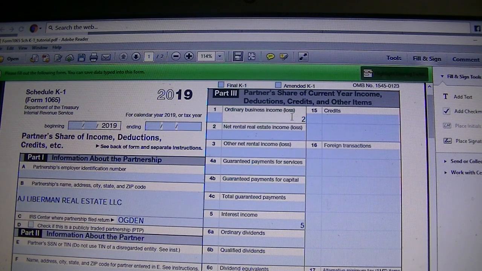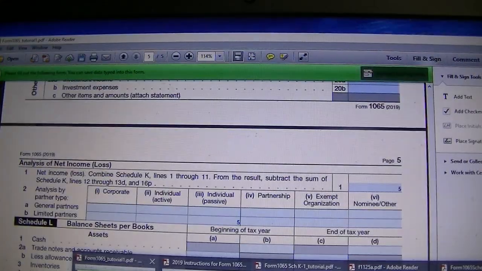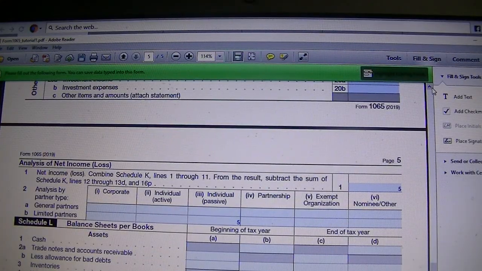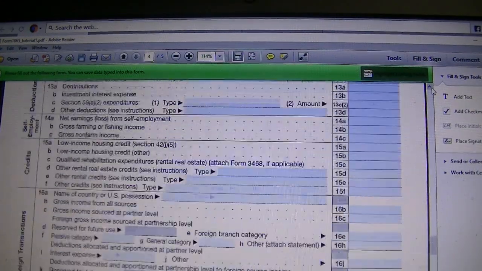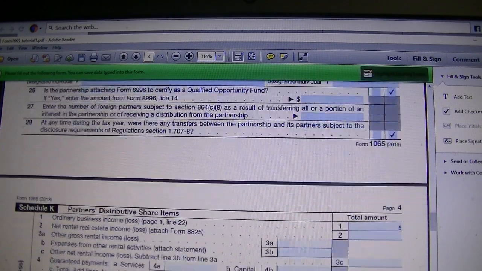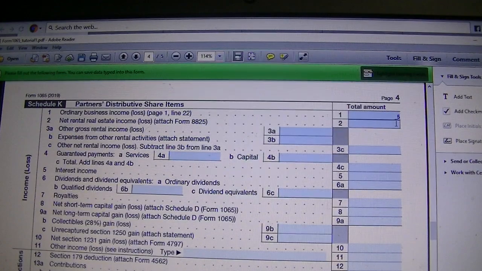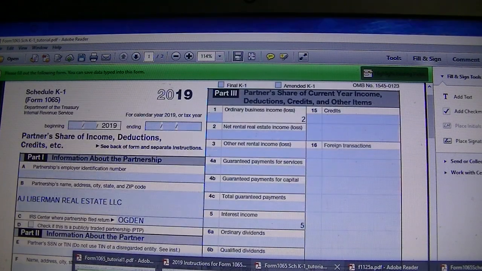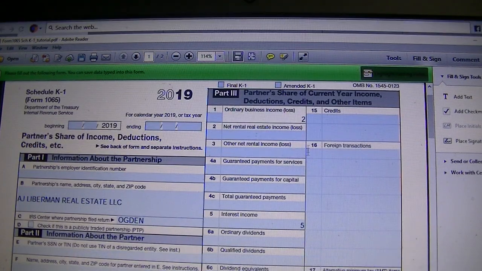And that'll come from that page 1, no, that line 22, or even better, that'll come from your schedule K. So if you look at the schedule K again, because schedule K1 is just a replica of schedule K, but for each partner, so you use this 5 times 50%, that's 2.5, which is 2 or 3, whichever you choose.